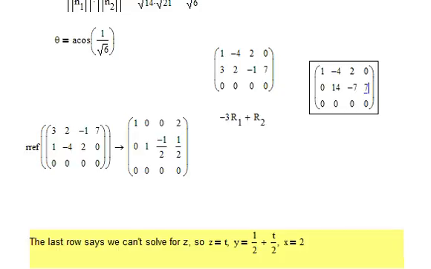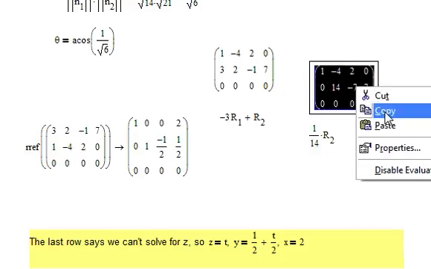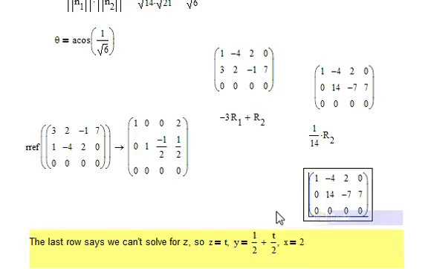And then I would say, well, how about we take this row and multiply it by 1/14. So the second row is going to be 1/14 times row 2. So then our matrix will come out.